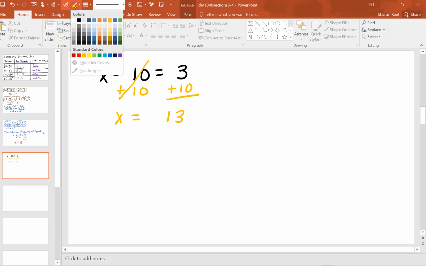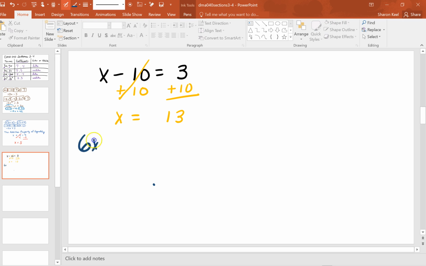Let's look at another example. Let's say we have, and let's complicate this one a little bit, 6x plus 2 minus 3x is equal to 3 plus 2x minus 4. Now, I'm not going to start moving things across the equals until I combine like terms on the same side.